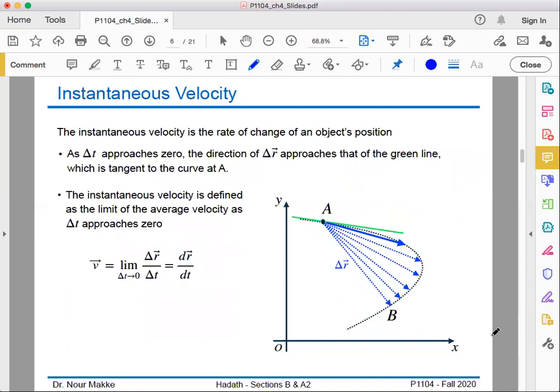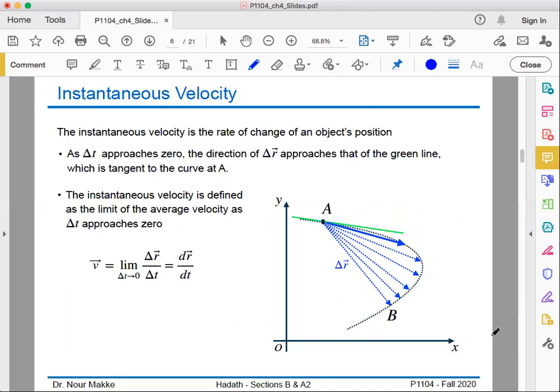Now, we want to define the instantaneous velocity. And we know that the instantaneous velocity is the rate of change of an object's position at a given time. So as we have done previously, we are going to define this instantaneous velocity using the definition of the average velocity.